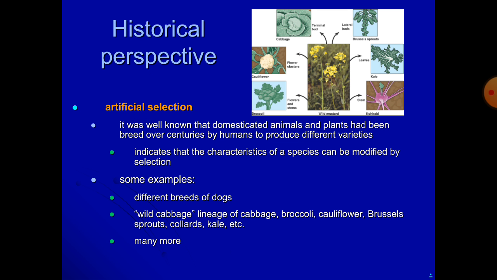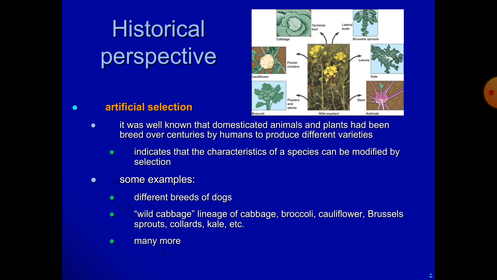Artificial selection. It was well known that domesticated animals and plants had been bred over centuries by humans to produce different varieties. It indicates that the characteristics of a species can be modified by selection.